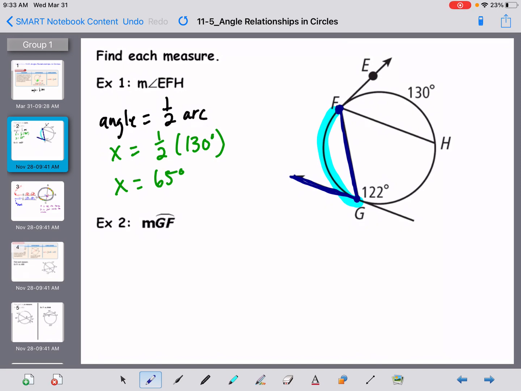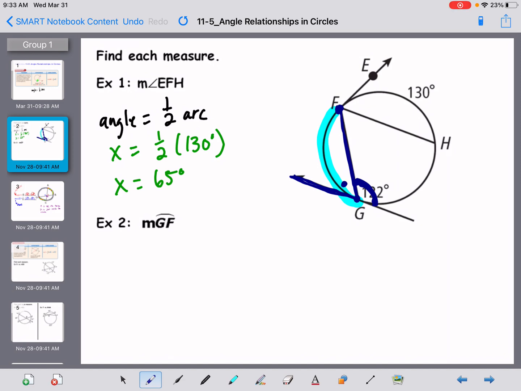So 122 degrees is on this side. Now this one's a little bit tricky. This one kind of jumped into a really hard one really fast. If this is 122 degrees, what is this angle?